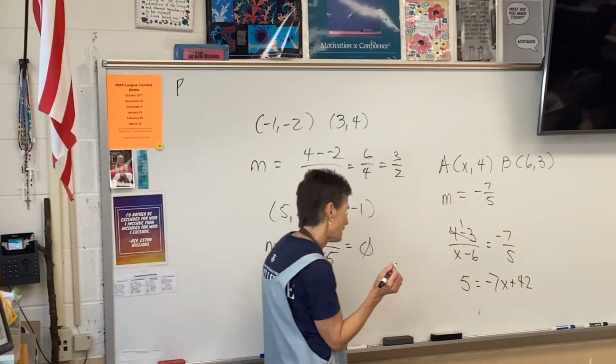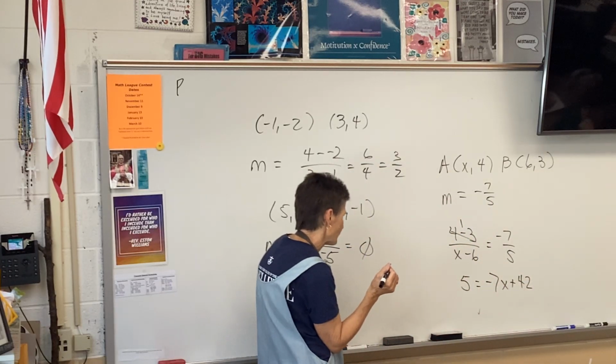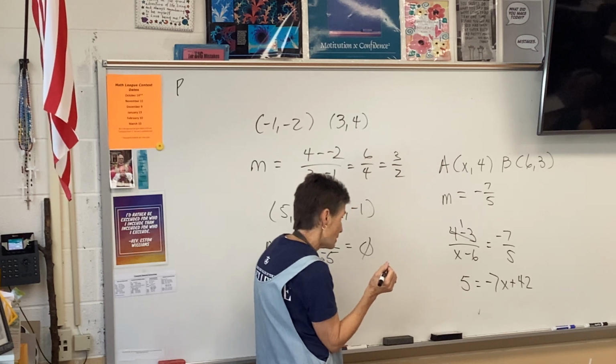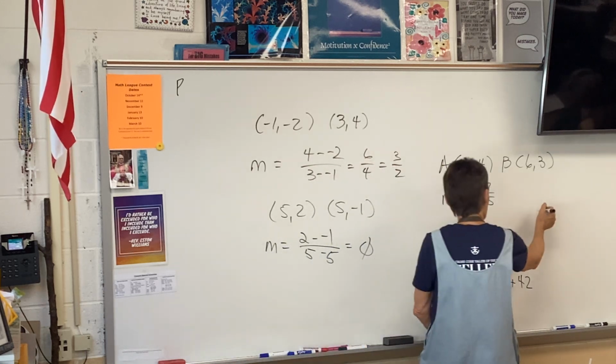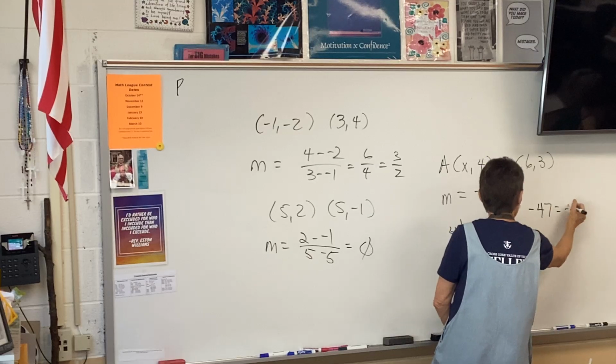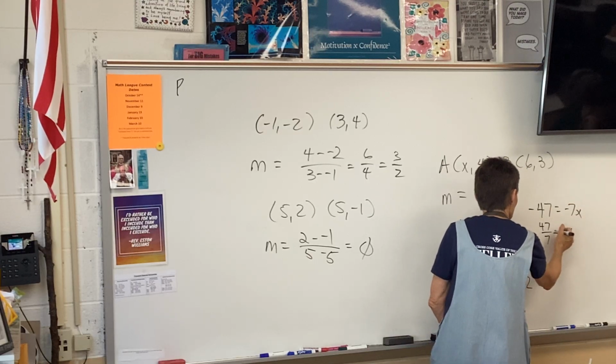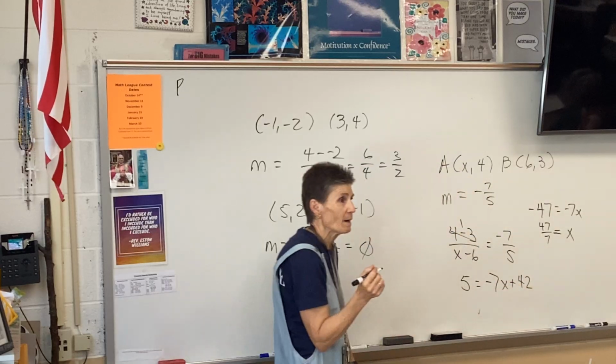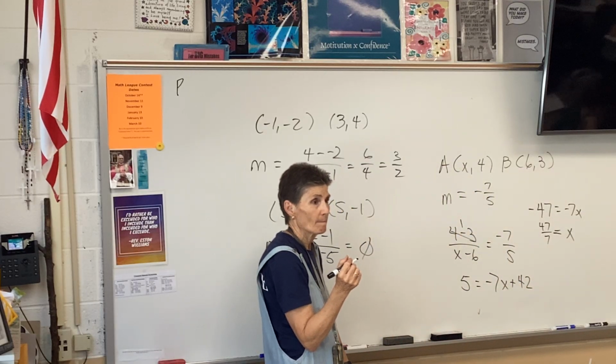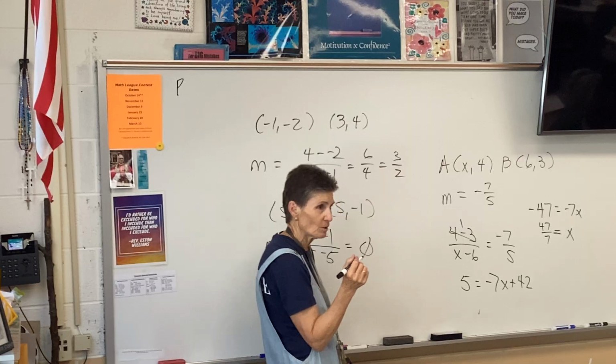Keep an eye on my arithmetic. So -47 equals -7x. I got 47/7 for my x coordinate. Did I make a mistake? Avery, you're looking at me kind of funny.